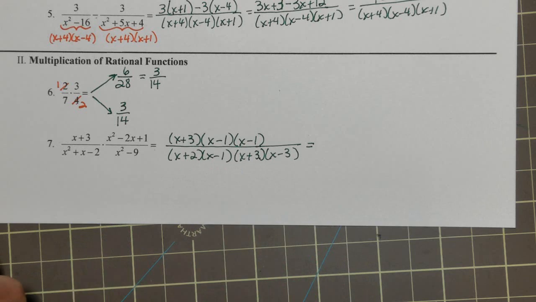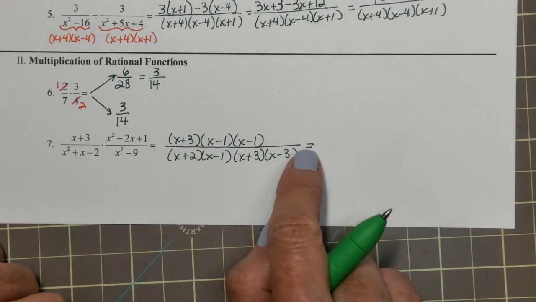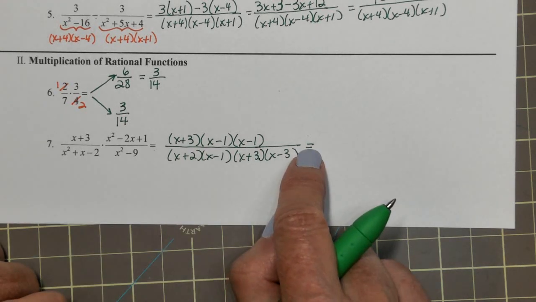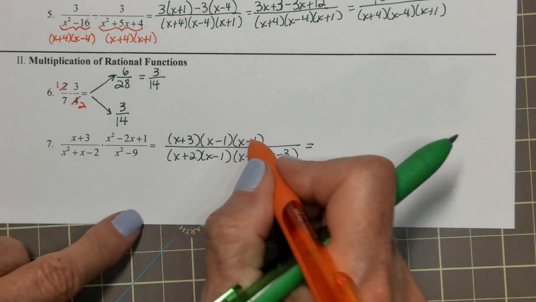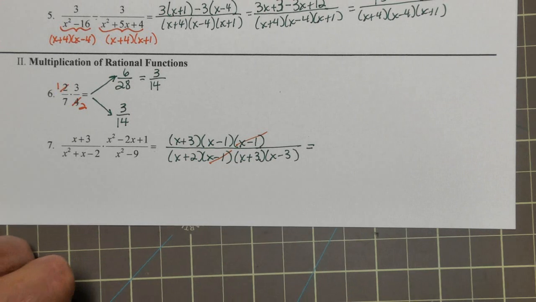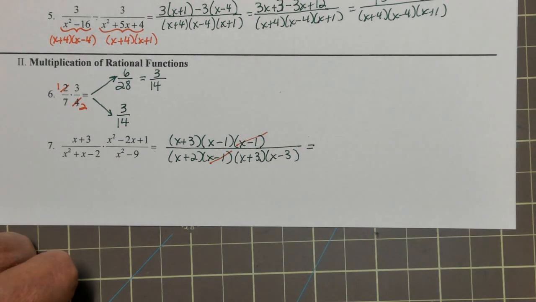But once you start canceling out, this equal sign still means equal to. Can I just cancel x minus 1 and x minus 1 and rewrite it without the x minus 1? Are those exactly the same thing? No, they are not. So we're going to need to be careful.